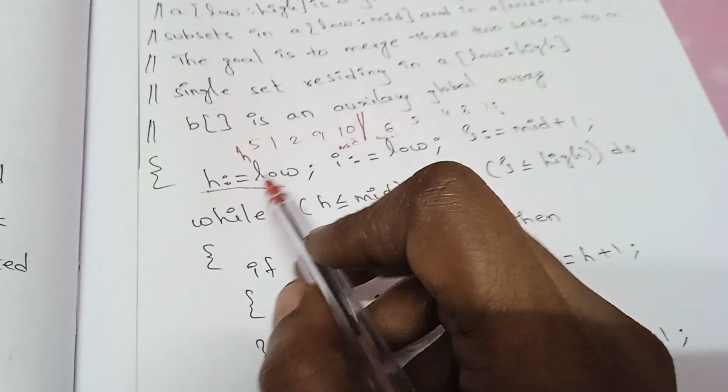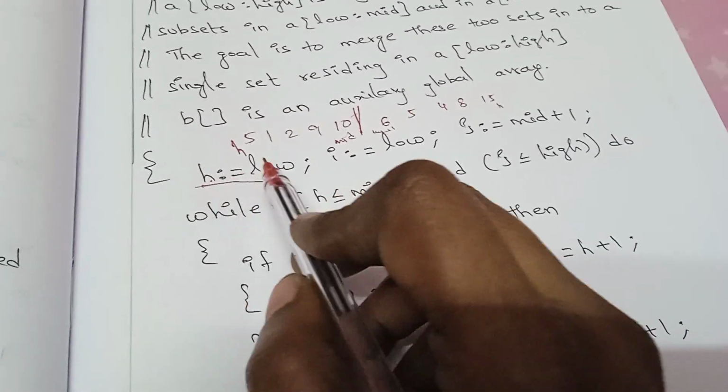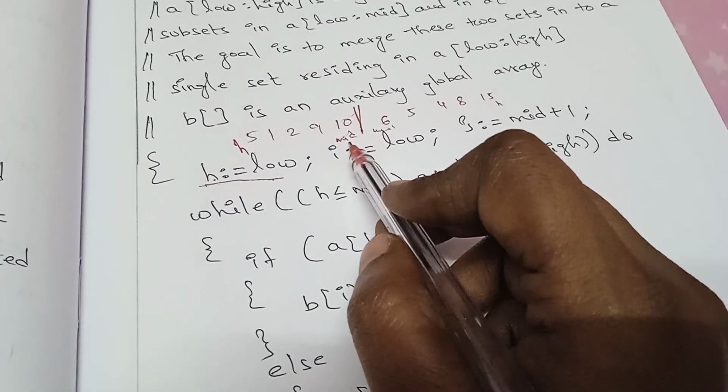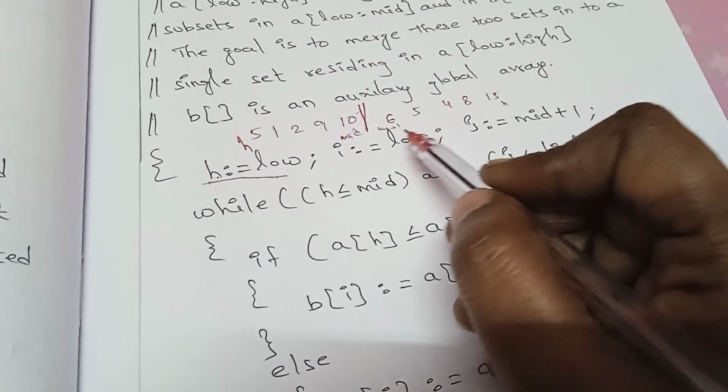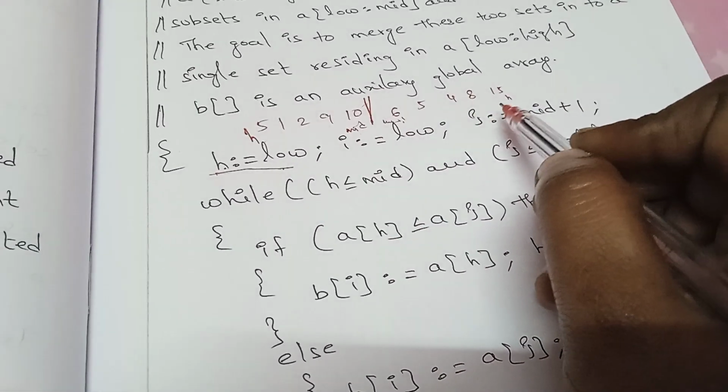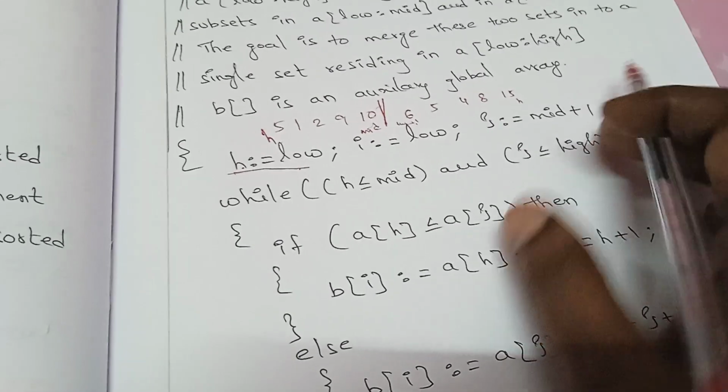Now low is given to h. This is my low that is given to h, and this is low of the second set, given to i. And this is j, which is middle plus 1.